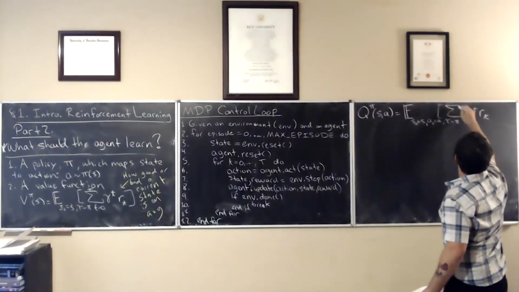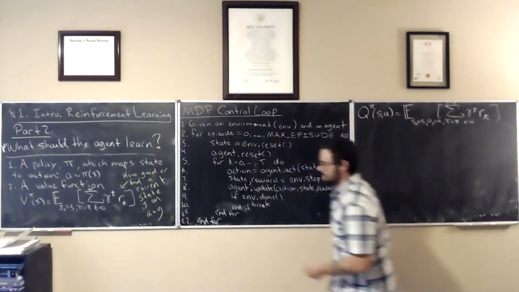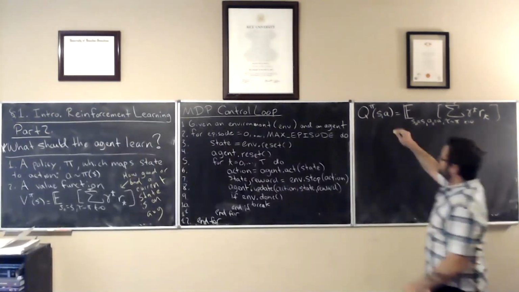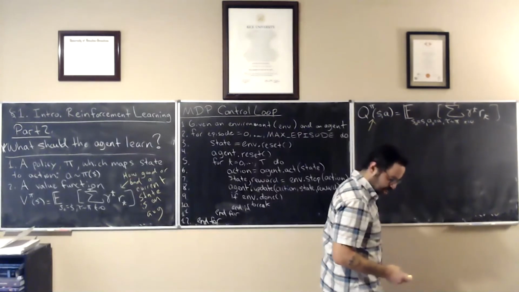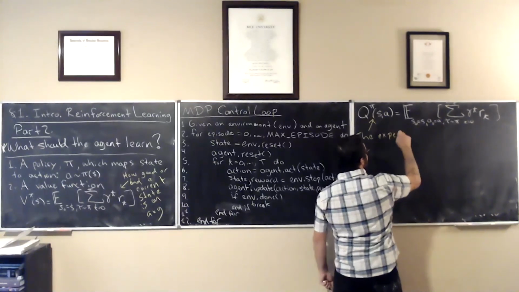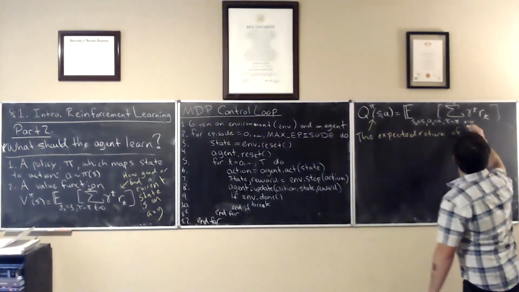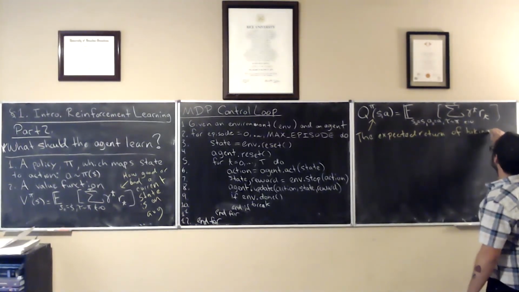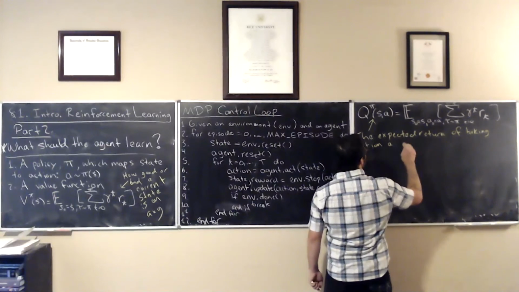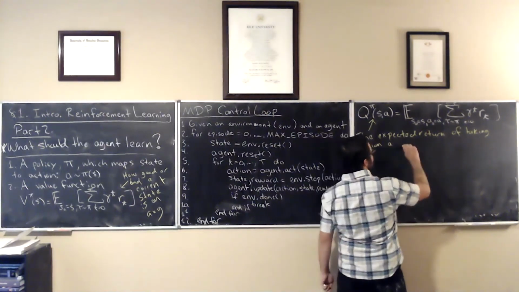Again, t equals 0 to capital T. So this is the expected return of taking action A in state S.